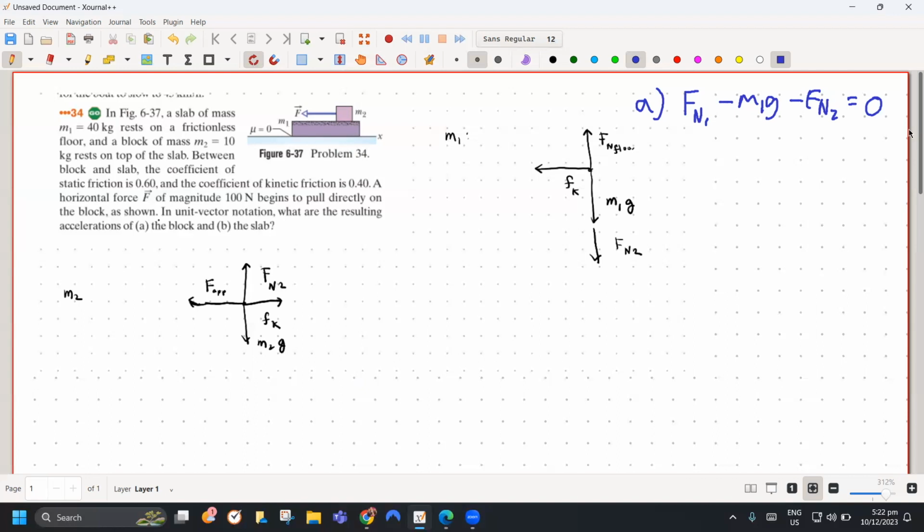Parang yun yung actual experience. Pag masyadong maliit, magsasabay yung dalawang objects. So depende sa applied force na F. We'll have to check kung pasok pa sa threshold ng static friction o lagpas yung binigay na force.